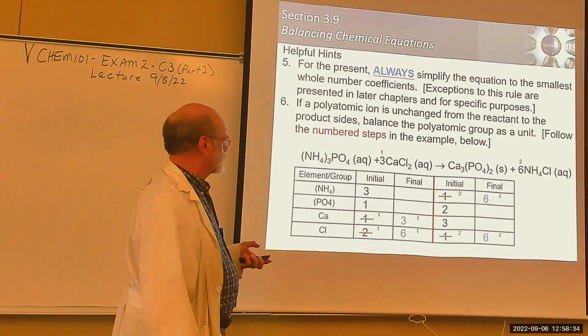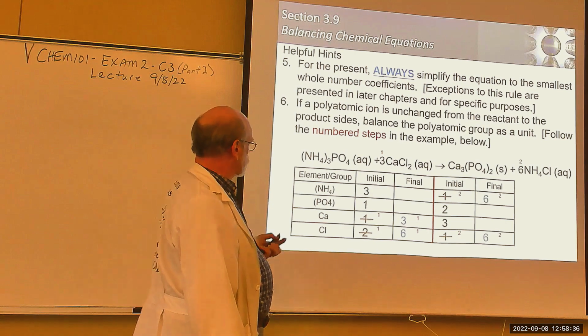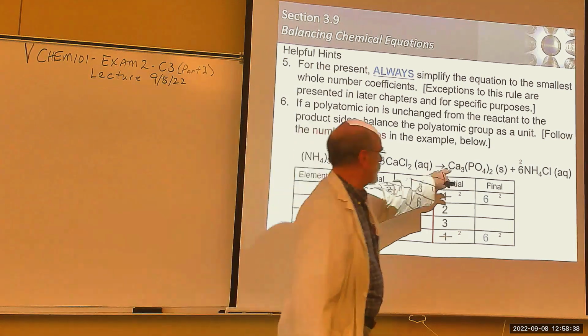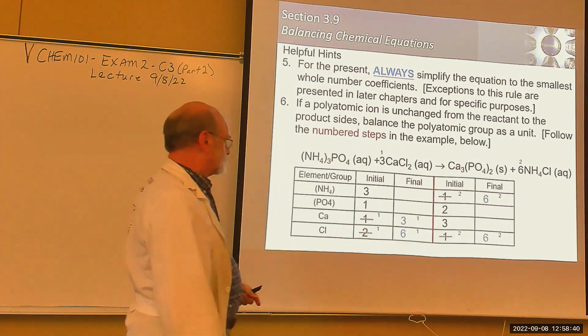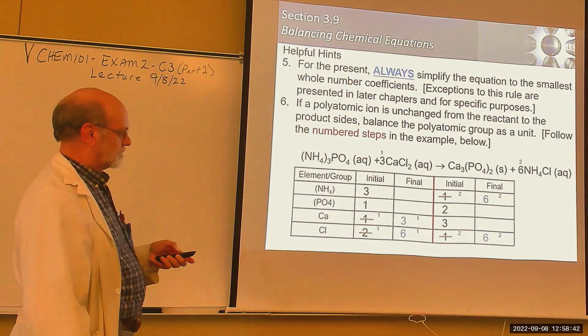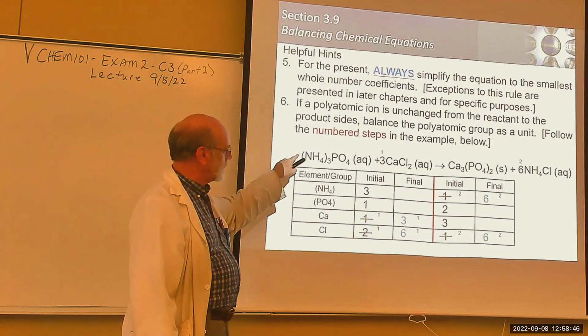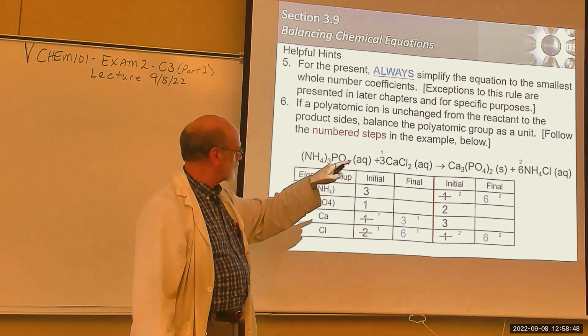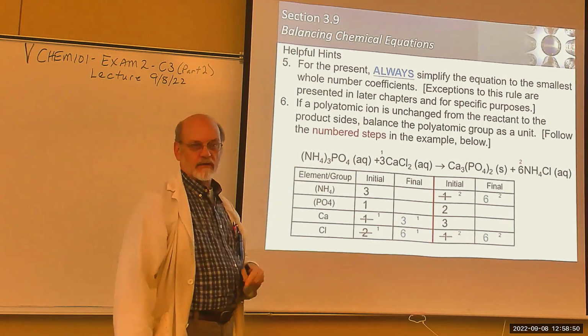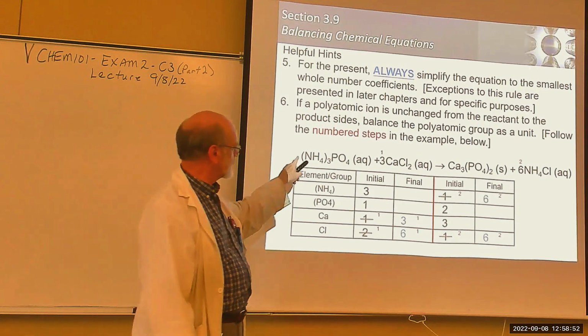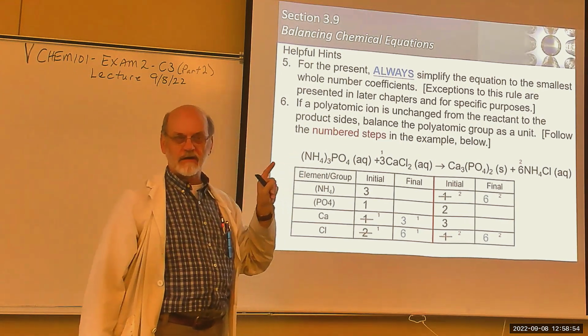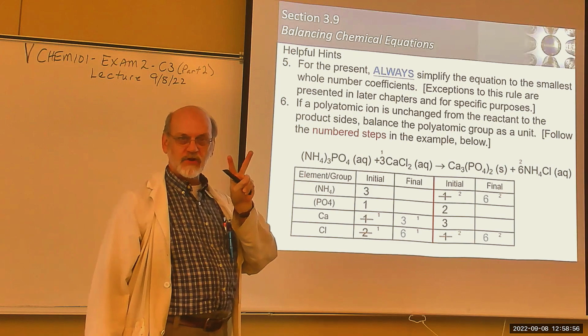So where do we go next? Well, we haven't messed with this one or that one yet. We probably want to go right here because we've got 6 over there and we want 3 here. So what coefficient would give you 6 ammoniums on this side? 2, right?